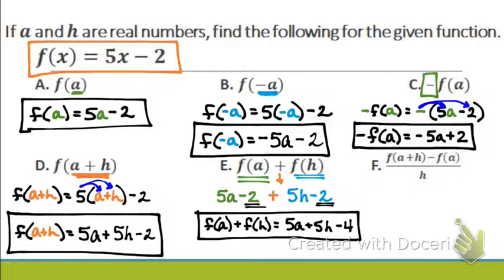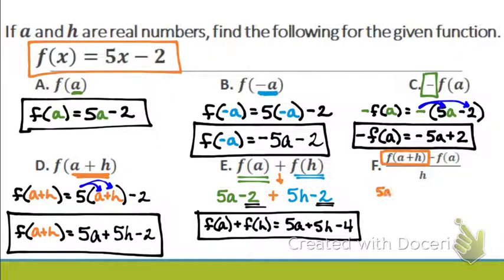Part F looks kind of intimidating. It also looks kind of similar to things that we've done before. Do you guys remember seeing anything that looks like this with an h on the bottom? Yeah, we're dividing by h. We've got some stuff up on the top that we need to evaluate first. This very first piece, f of a plus h, we've done that already. That was our part D. So I'm going to write down what we got from doing that.